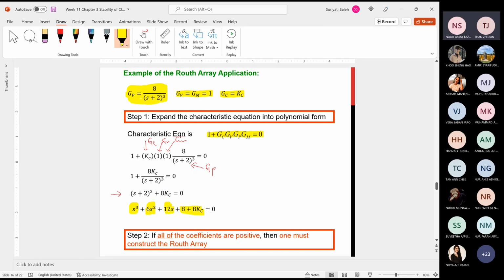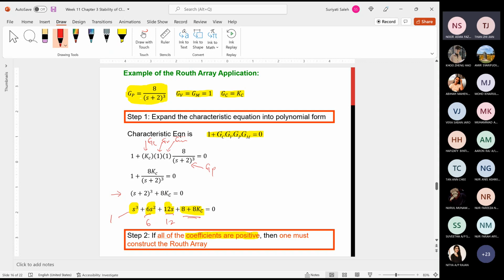So in this case, once we rearrange the equation according to the polynomial, then we check the coefficients, whether they are positive or not. So here, the S power of 3 has the coefficient of 1. This 6 and this 12 are positive. What we don't know is whether this 8 plus 8Kc is positive or not, because it depends on the value of your Kc.